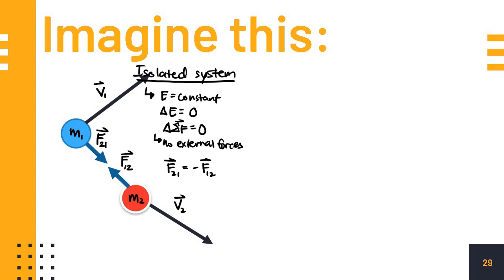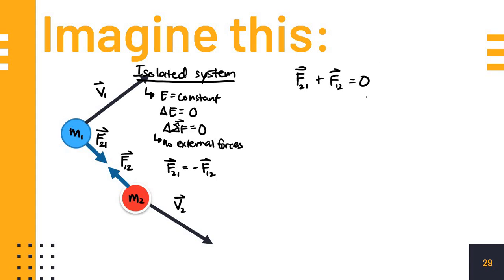Mathematically we can rewrite this by transposing F12, so F21 plus F12 is equal to 0. This equation proves our assumption earlier in our discussion, which is that the change in the net force inside the system will be equal to 0.